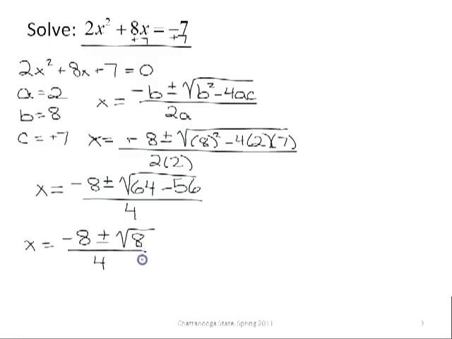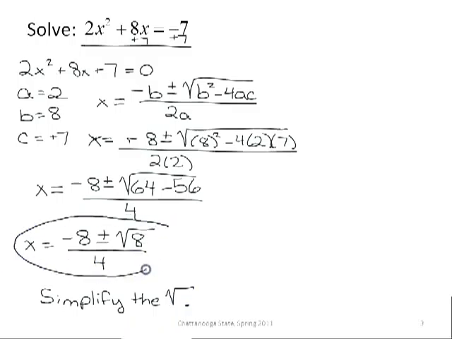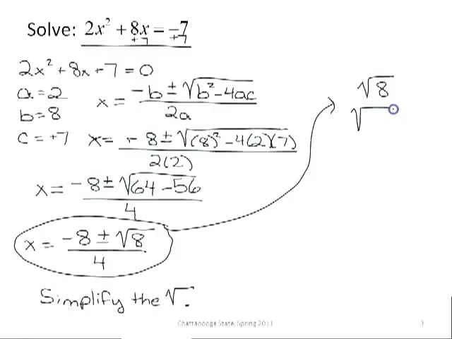But now I need to simplify the radical. You cannot leave your answer in this form if the radical has a perfect square factor under it. So let's come over here and work on simplifying this expression. Think about my square root of 8. I cannot leave the square root of 8 with a perfect square factor in it.